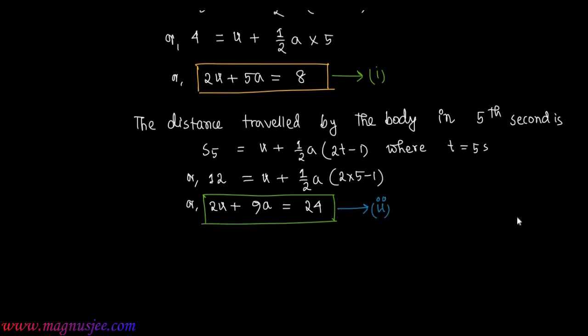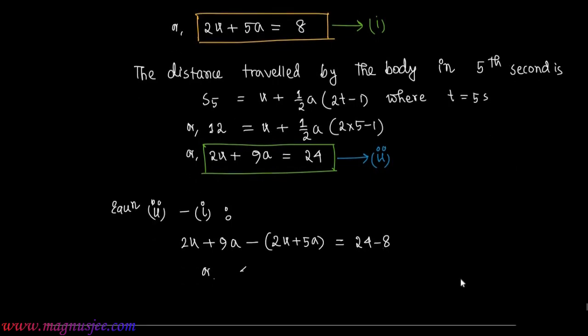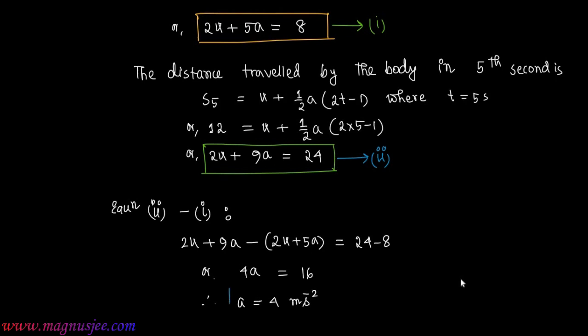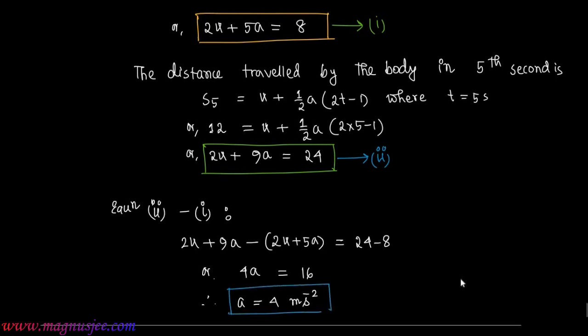So we have these two equations, and we have to solve them and find the values of u and a. Subtracting equation 1 from equation 2, we get 2u plus 9a minus 2u plus 5a equal 24 minus 8, or 4a equals 16. Therefore a equals 4 meter per second square. This is the uniform acceleration of the body.